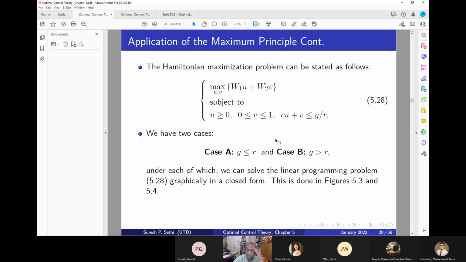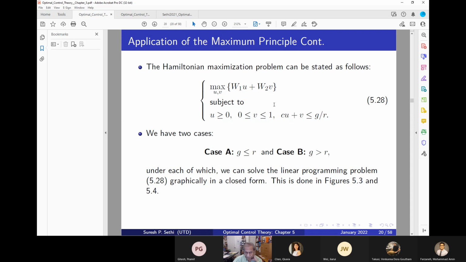This is a linear programming problem: maximize W1 U times W2 U subject to these constraints. Because there are two variables, we cannot just go from one extreme to another. It is going to be from one extreme point to another extreme point in a linear programming setup. That's the simplex method.